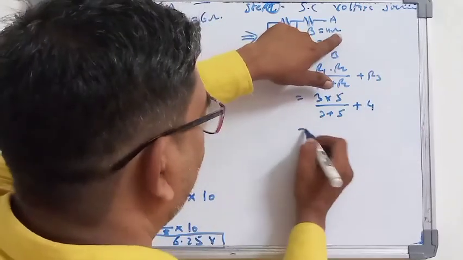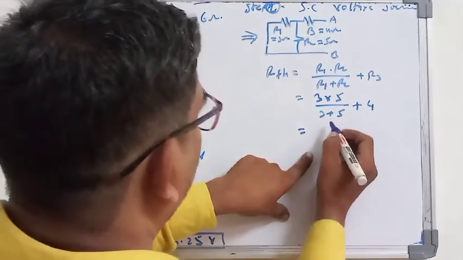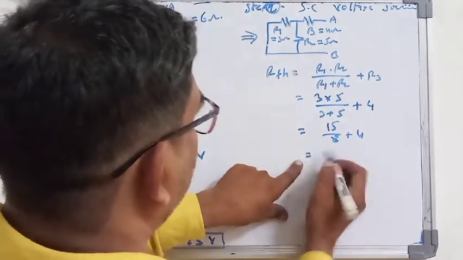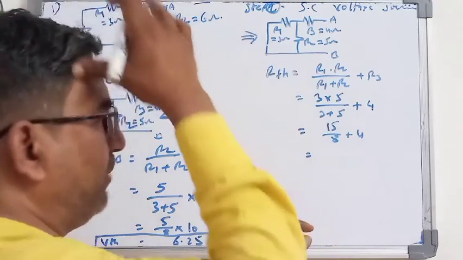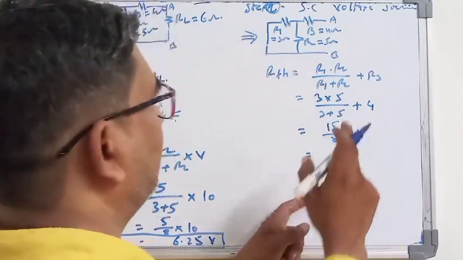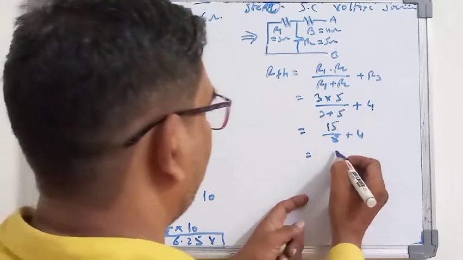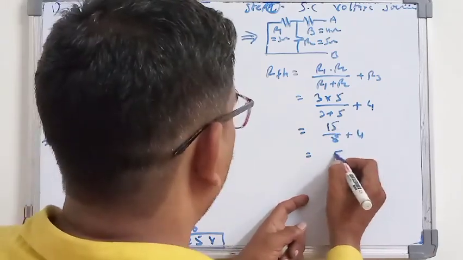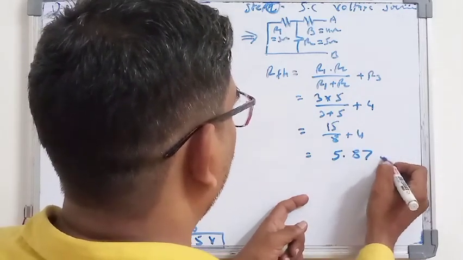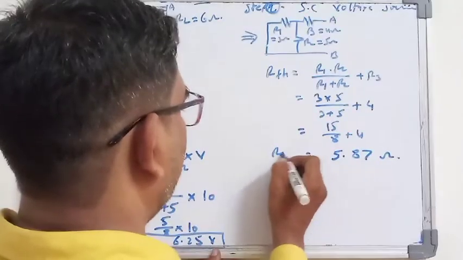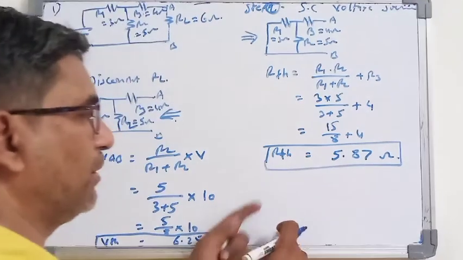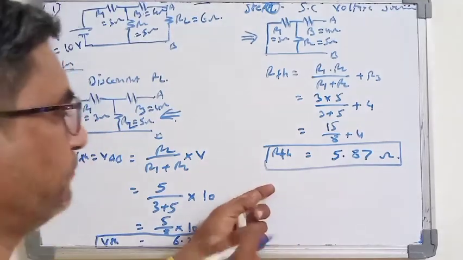Here you will be getting 15 divided by 8 plus 4. 15 divided by 8 plus 4 is 32, and then multiplying this, you will be getting the value 5.87 ohms. It is RTH. This much Thevenin's resistance you have got.